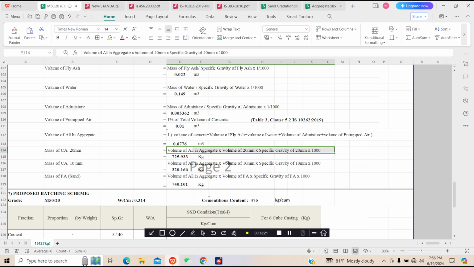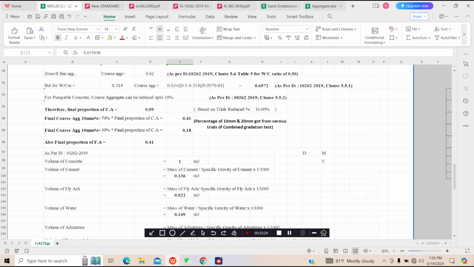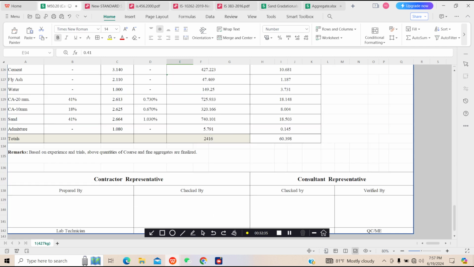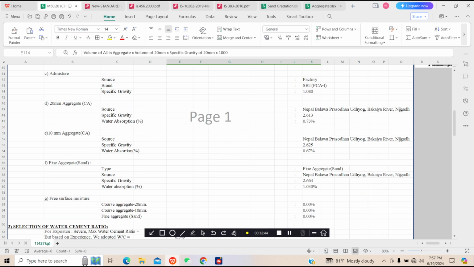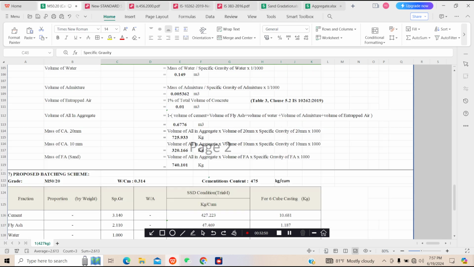So if you multiply the volume of all-in aggregate, which is 0.6776, into the volume of 20 aggregate, which is 0.41, into the specific gravity of 20 aggregate, that we can see here, 2.613, and multiply all these values, we will get the coarse aggregate mass as 725.933 kg. Similar is the case with the mass of coarse aggregate, 10 down aggregate. Same is the formula.